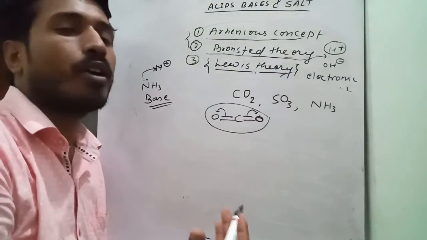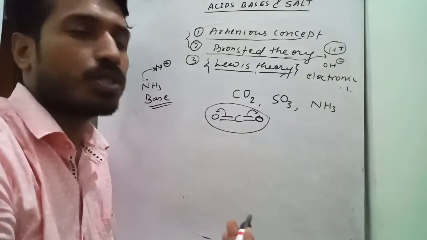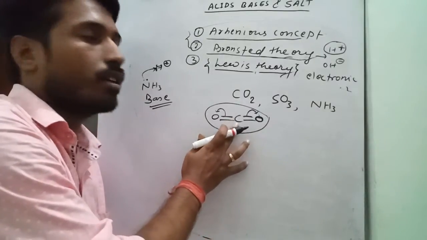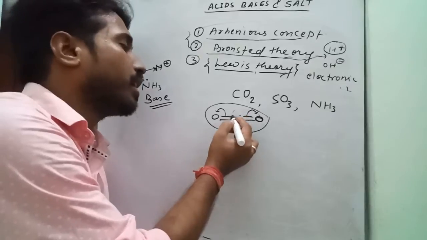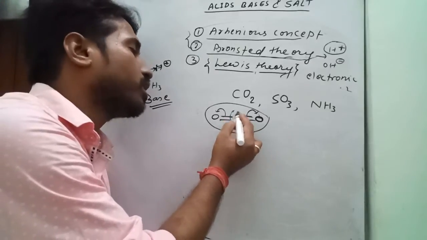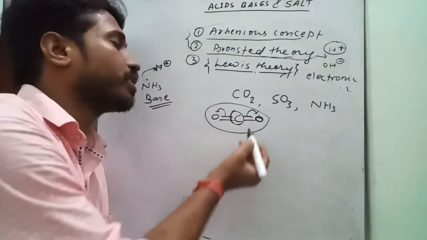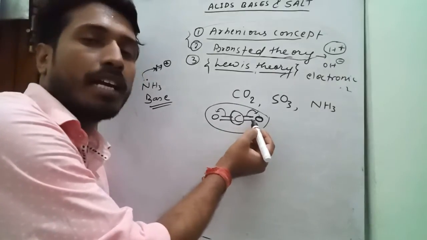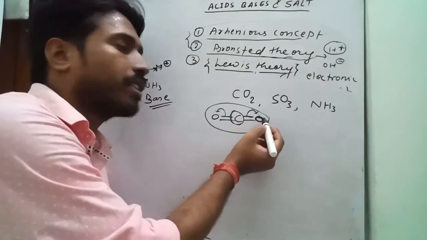This is the reason why non-metallic oxides are known as acids, because there will be a deficiency of electrons around this carbon atom. Why is there deficiency? Because the atoms attached to this carbon will attract the electron pair.